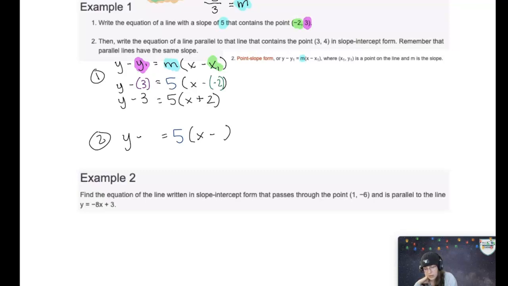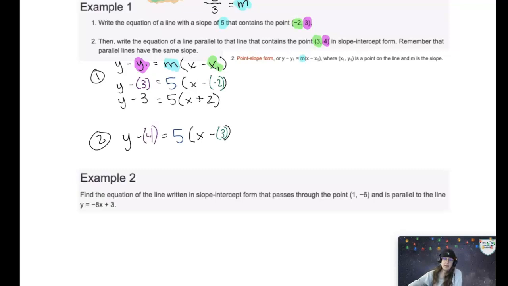Then we're going to use the point they gave us. So our x value is 3, so we're going to substitute in our value of 3. And our y value that they gave us is 4. And so we're going to substitute in a y value of 4.